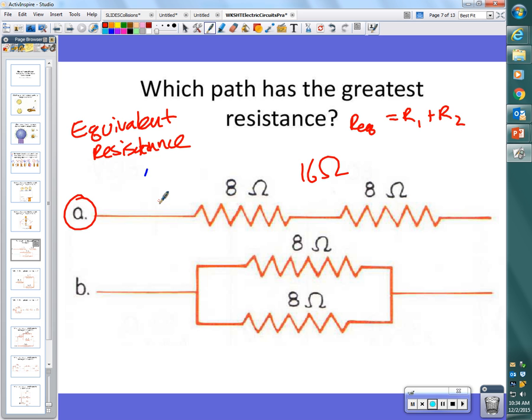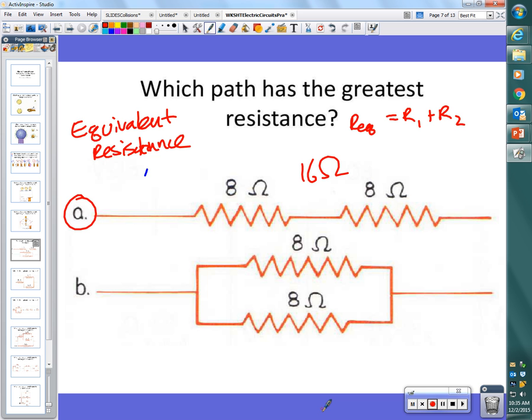If we had four 4-ohm resistors, it'd be the same equivalent resistance, because in series, even though they're 4-ohm resistors, all the charges would still have to go through all 4 of them. Does that make sense? So whether you have two 8-ohm resistors or four 4-ohm resistors or one 16-ohm resistor, it's still the same. Does that make sense?